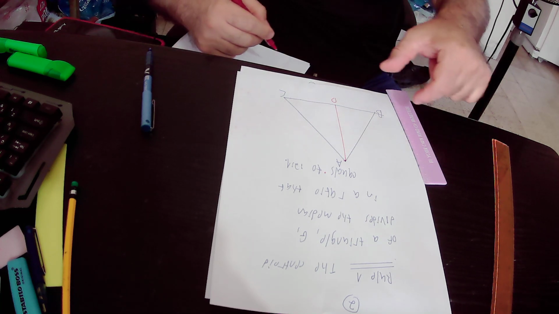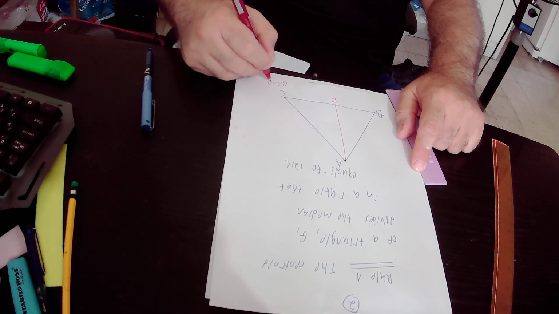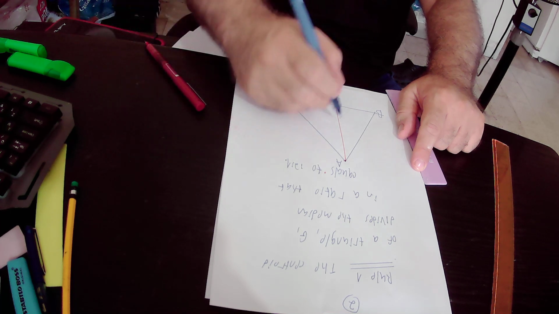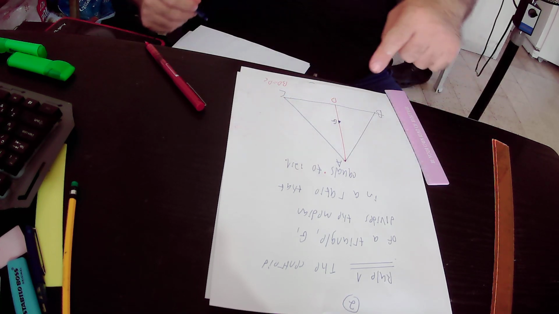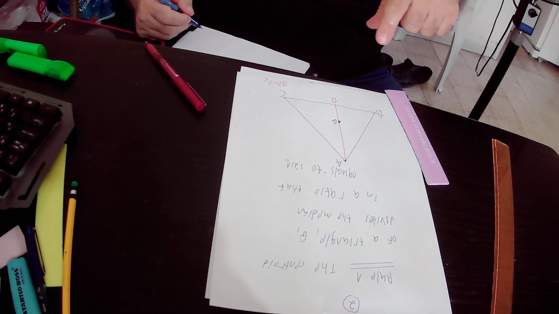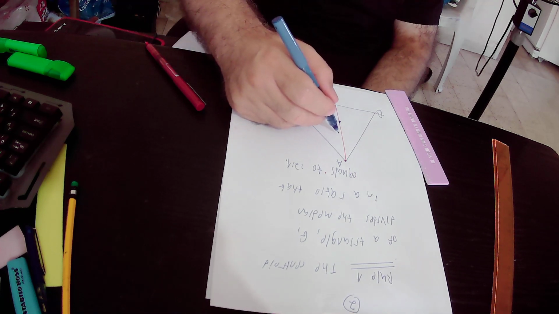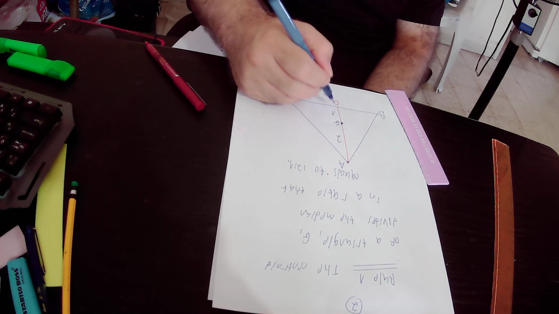That is to say BD equals DC, and at point G we have the centroid of triangle ABC. Then this centroid G divides the median AD in a ratio that equals 2 to 1. That is to say, if AG equals 2 units, then GD will be equal to 1 unit.